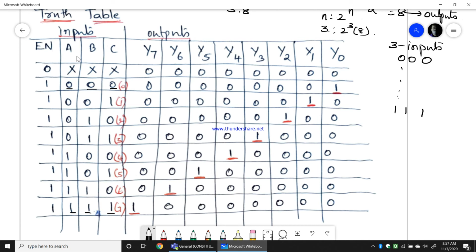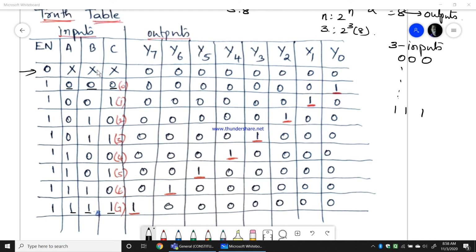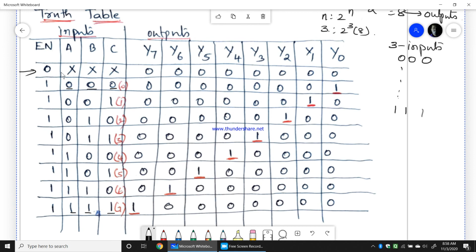Now the first case I always take with enable 0. If enable is 0, all output lines are disabled. It means that no output lines will be selected, irrespective of the value of ABC.